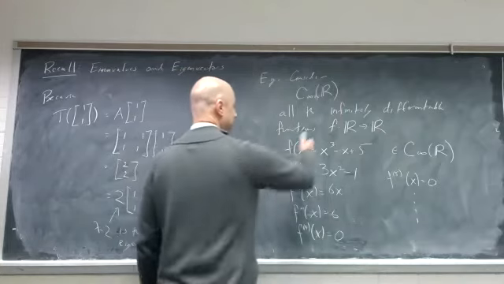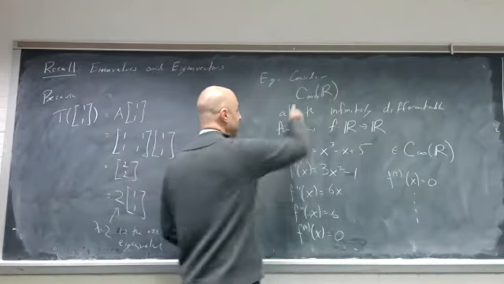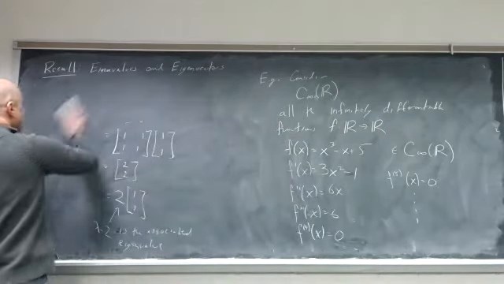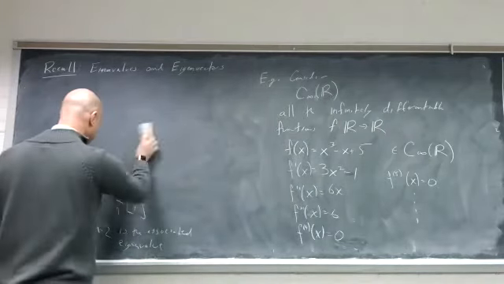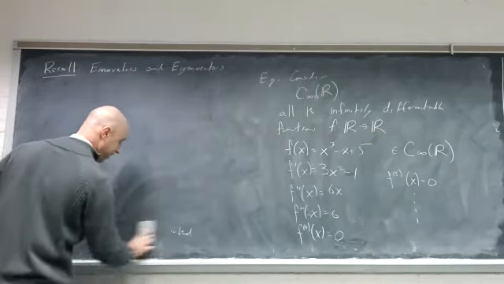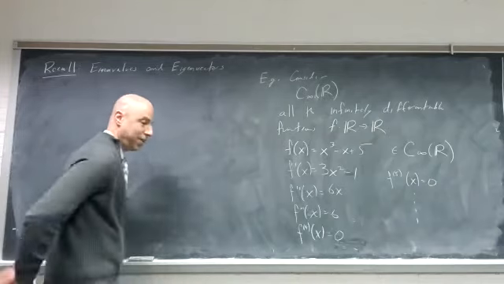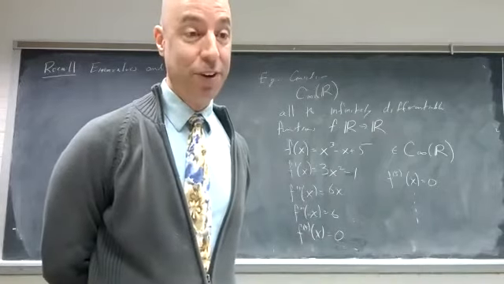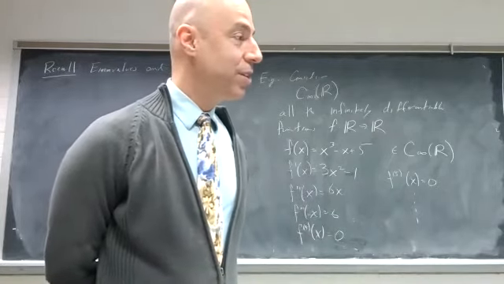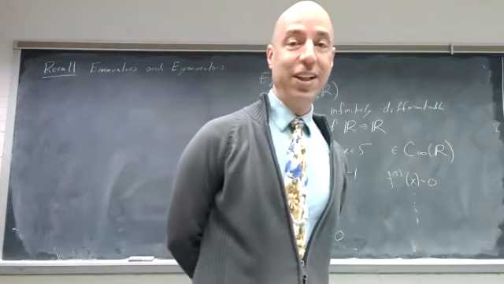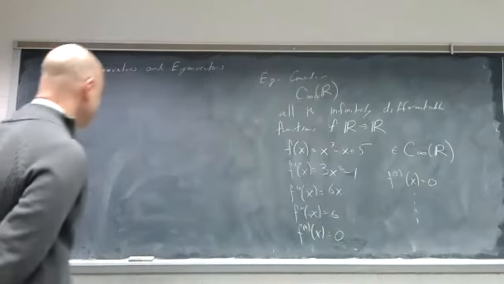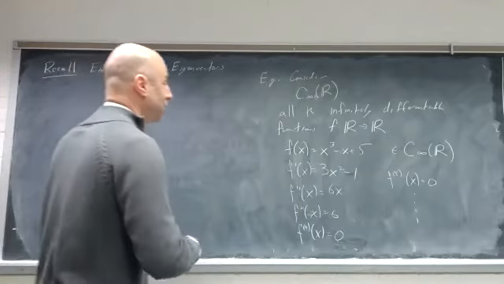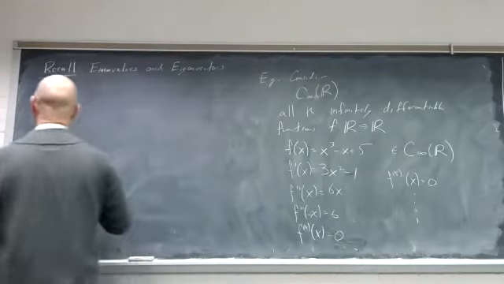Sine of x is in C infinity of R, because the derivative of sine is cosine, the derivative of cosine is minus sine, derivative of minus sine is minus cosine, derivative of minus cosine is positive sine. You can just keep taking the derivative forever. So most functions you studied in calculus, as long as they are nice, are really, really smooth.